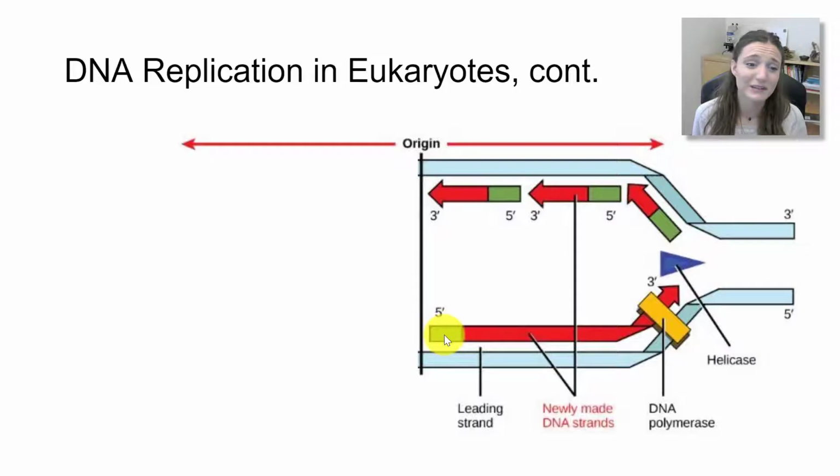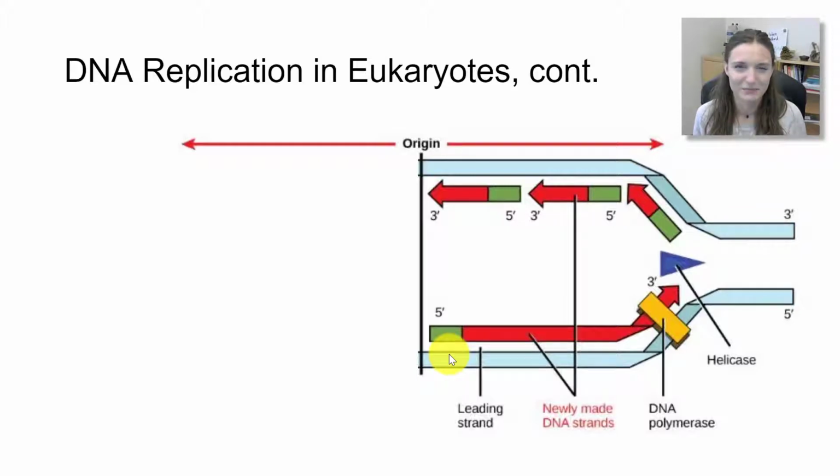The reason why we need this RNA primer, this short sequence of RNA, is because DNA polymerase, this enzyme right here, can only attach to the DNA molecule if there's an RNA primer there first. So I kind of like to think of this primer like opening a jar.